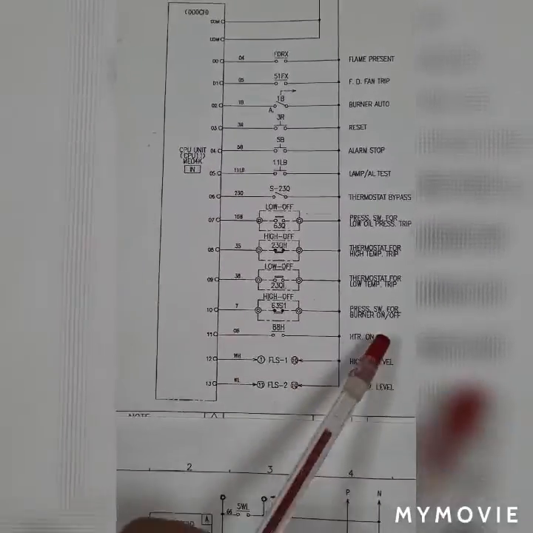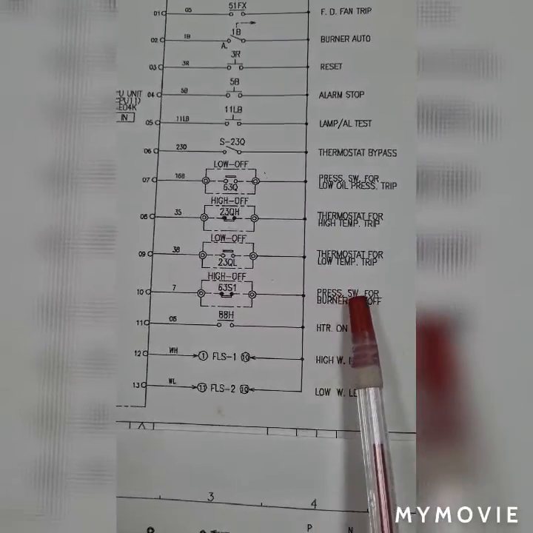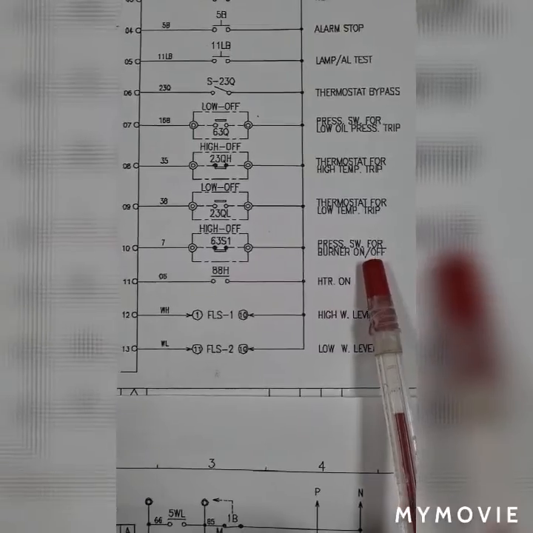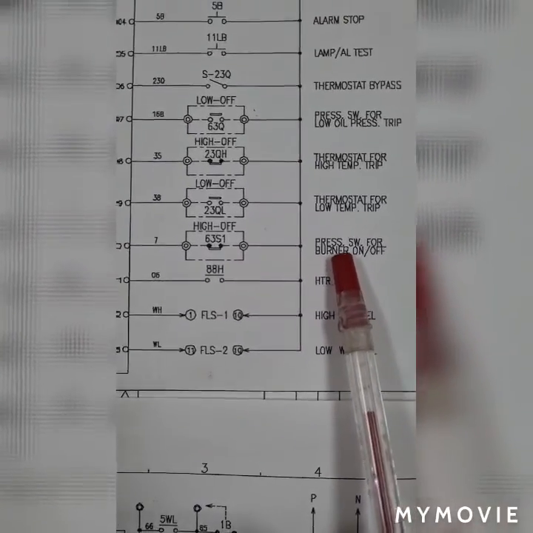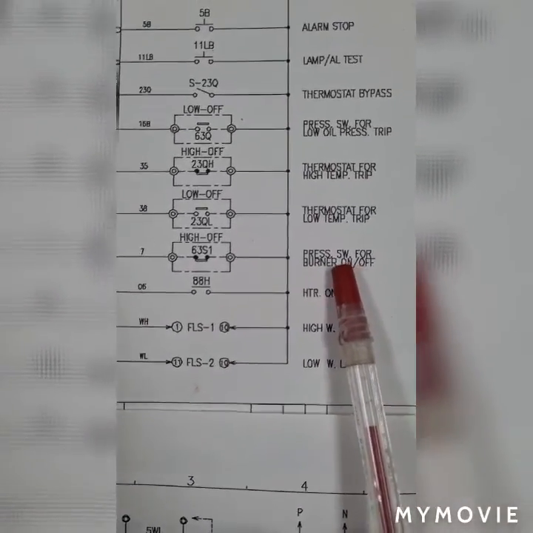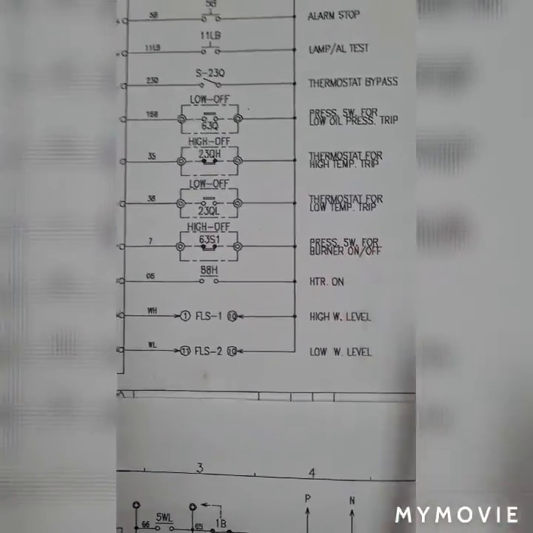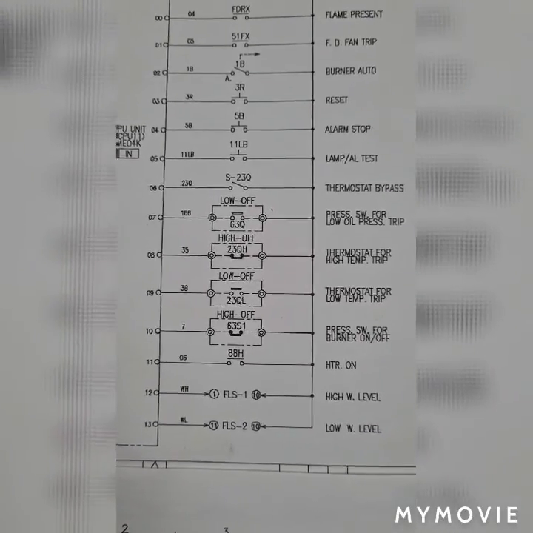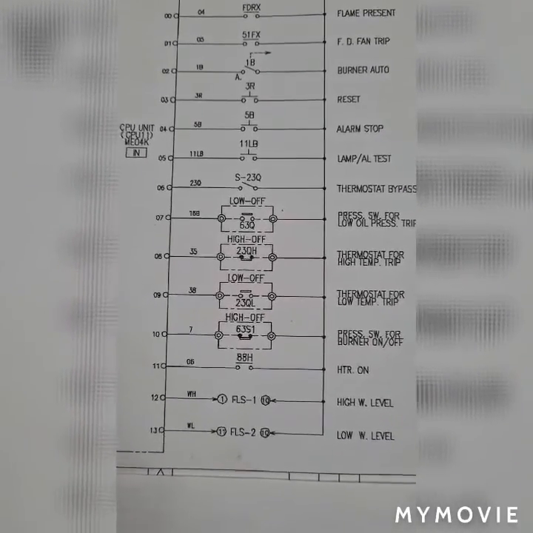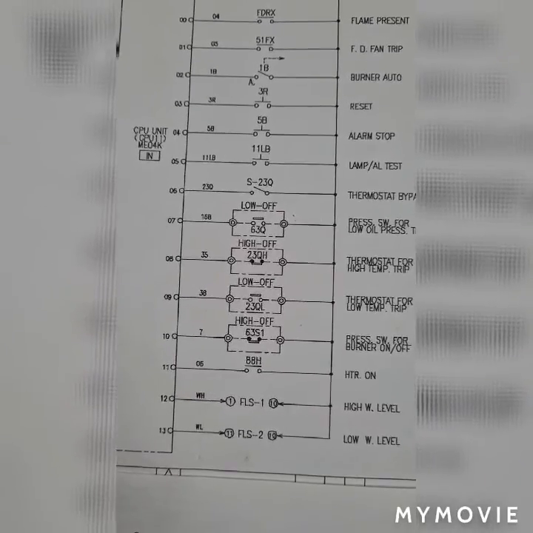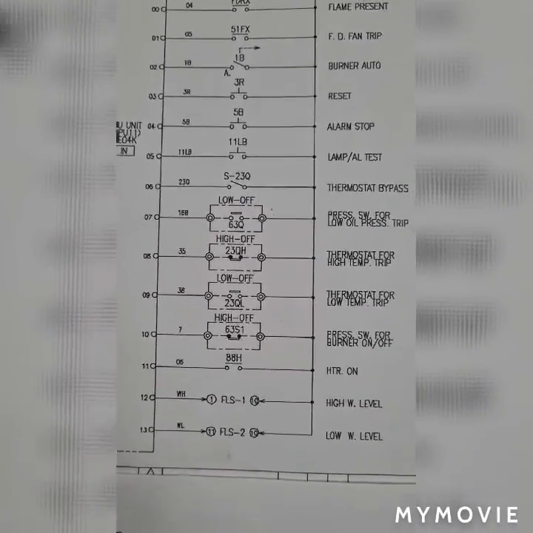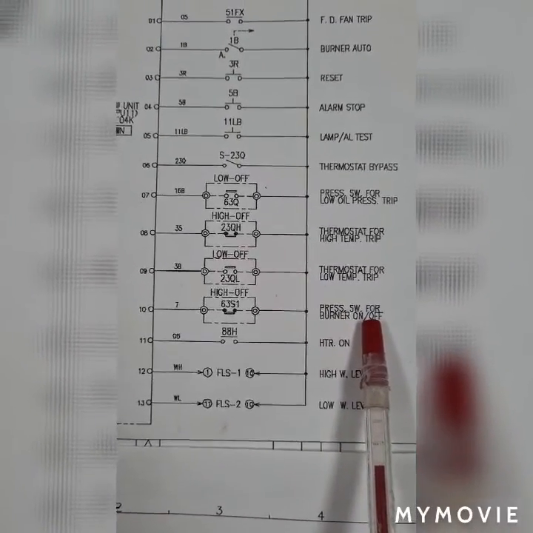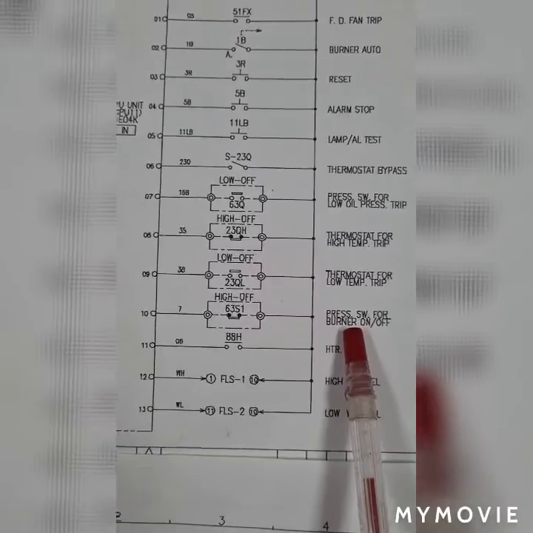waiting for the signal in the pressure switch to do a burner on or a burner off operation. It will stop at 0.59 to 0.62 megapascal and start at 0.47 megapascal.